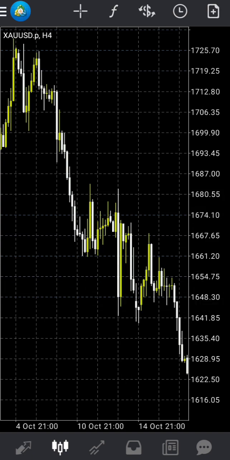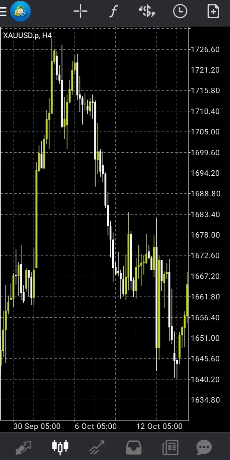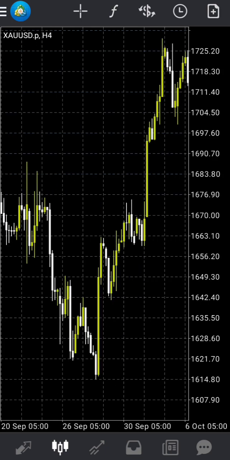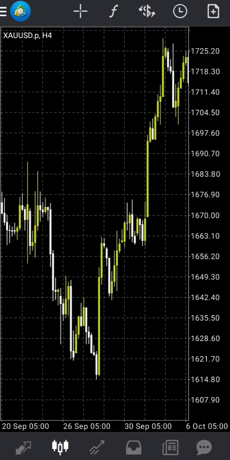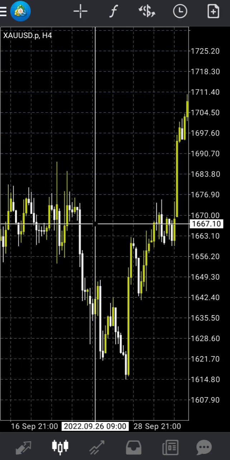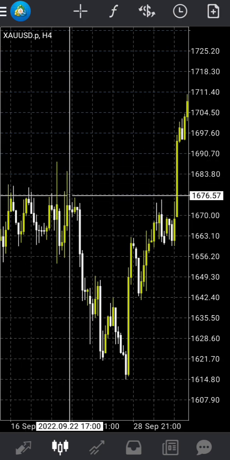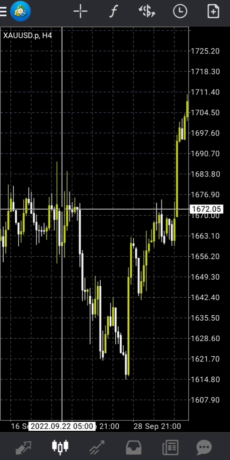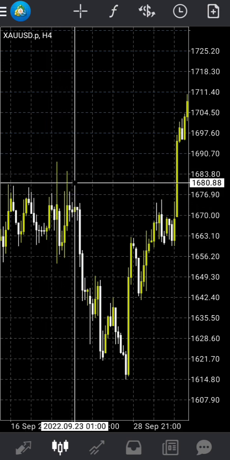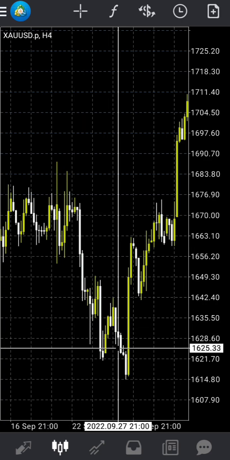So this is what I call the critical zone. This is one of the critical zones, a sell zone, strong resistance. When the price cannot break it, the drop will be 100 to 300 pips.